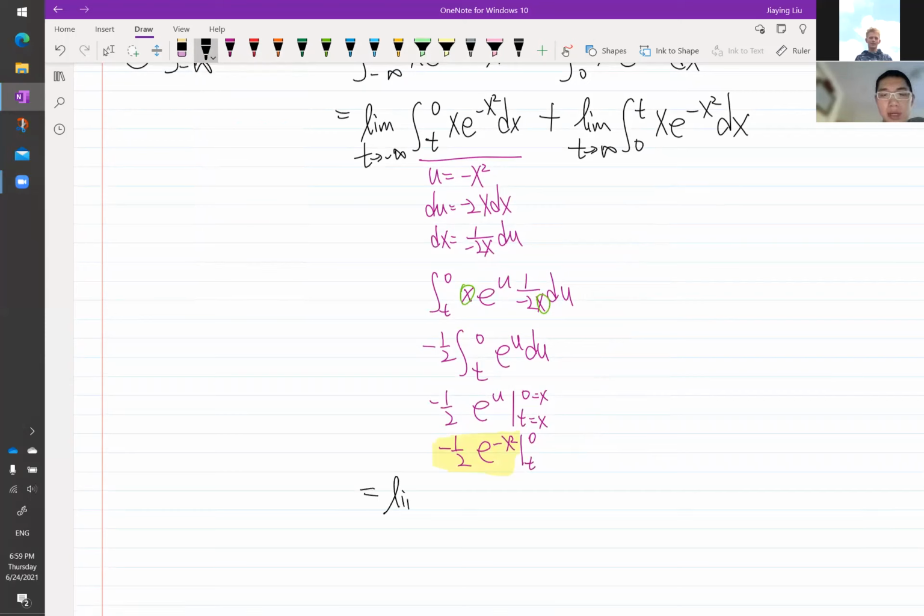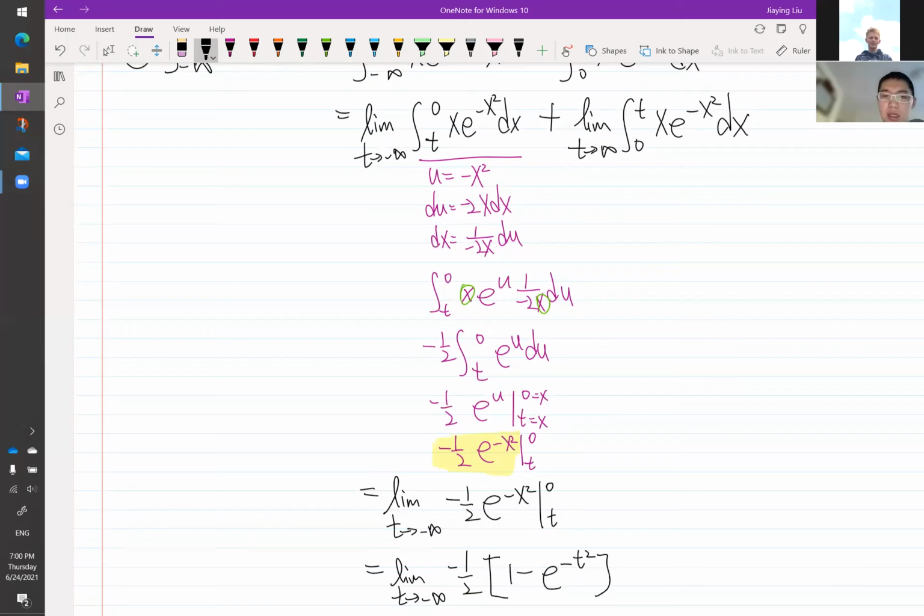So now we have the limit as t goes to negative infinity of negative 1/2 e to the negative x squared going from t to 0. We can evaluate this as the limit as t goes to negative infinity of negative 1/2 times, plug in 0, that's a 1, minus plug in t, e to the negative t squared, and take the limit from there.